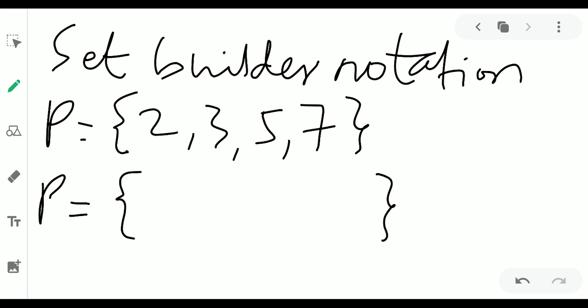Then in the middle, I'm going to put X and put less than here, another less than here. What it means is that the numbers that you see, X is greater than 1. The 1 didn't come.